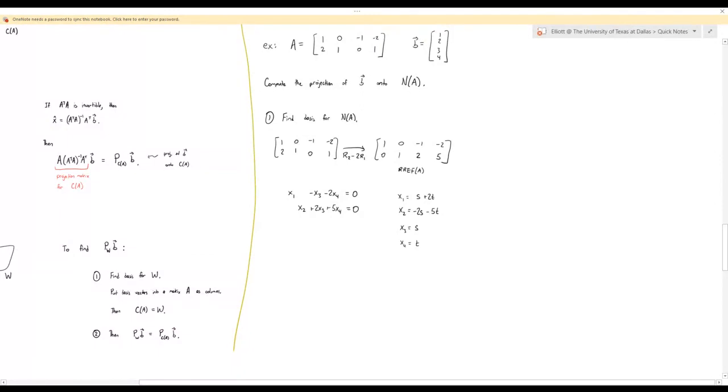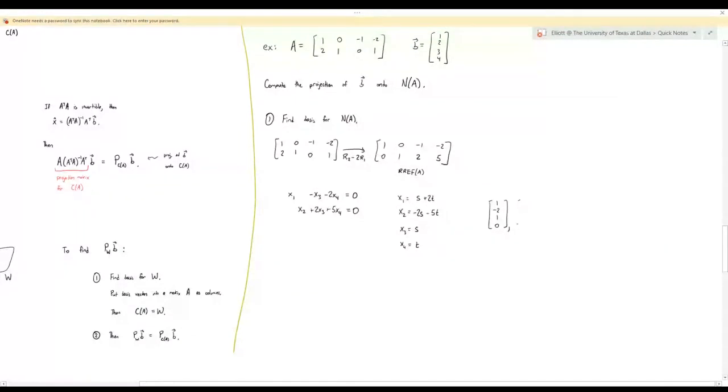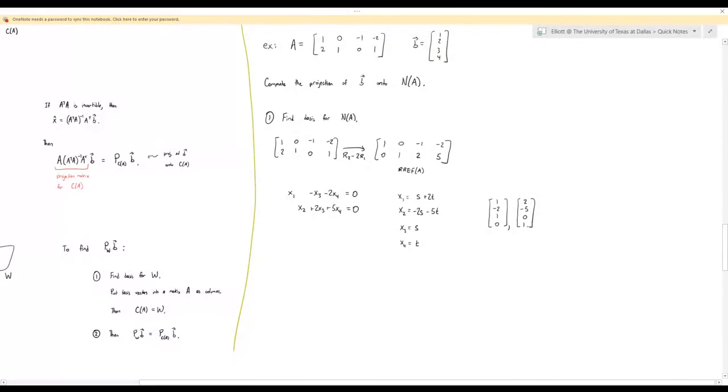Okay. If we just take the coefficients of s and then the coefficients of t, these two vectors would give us a basis for the null space. Okay.